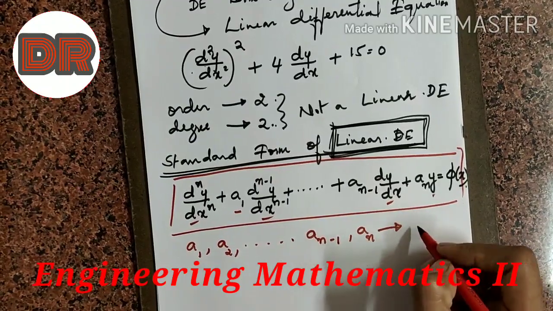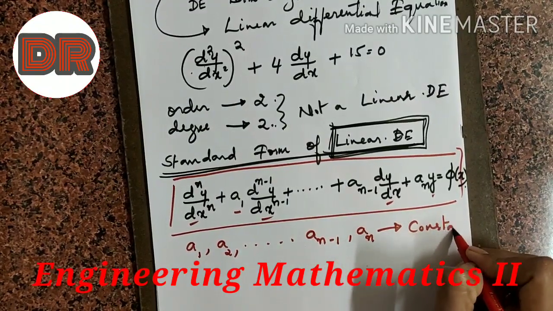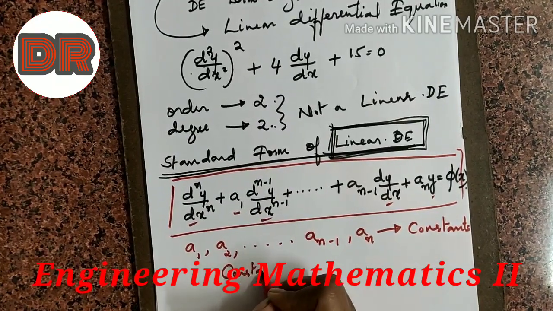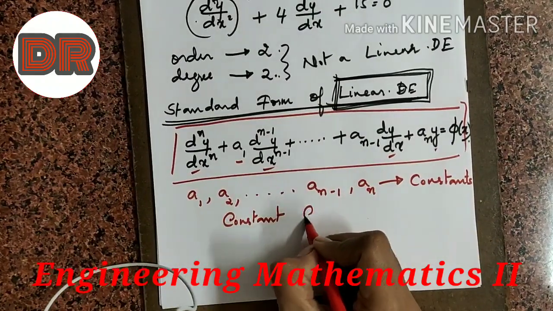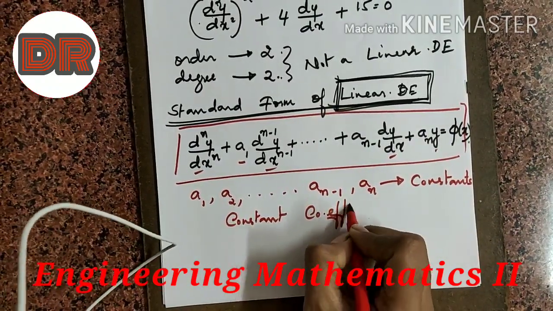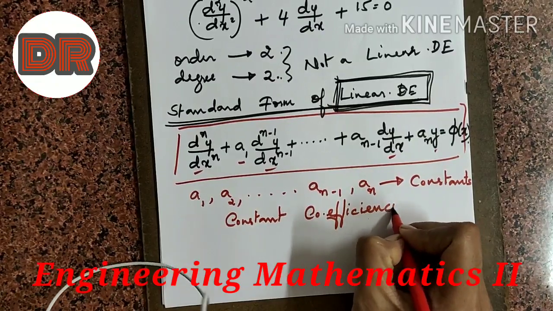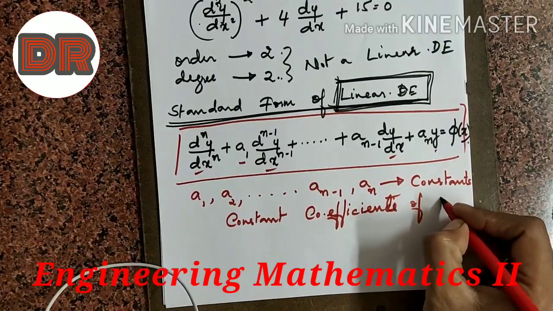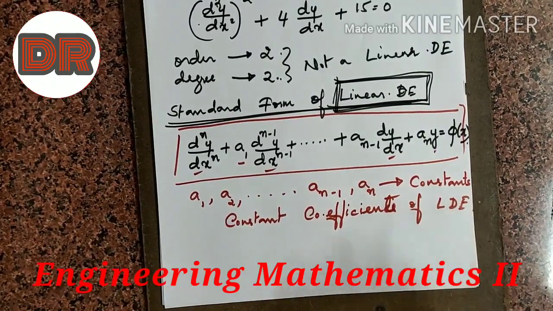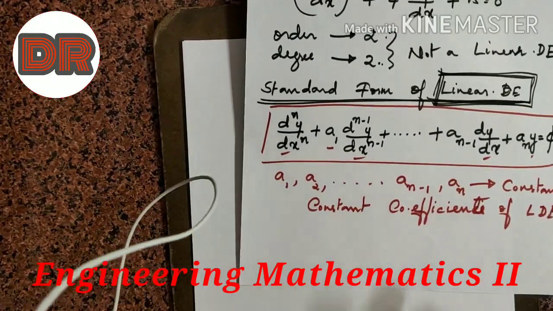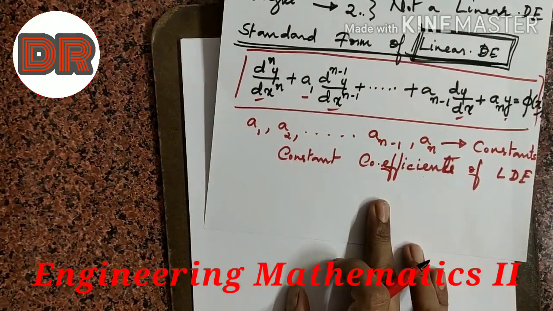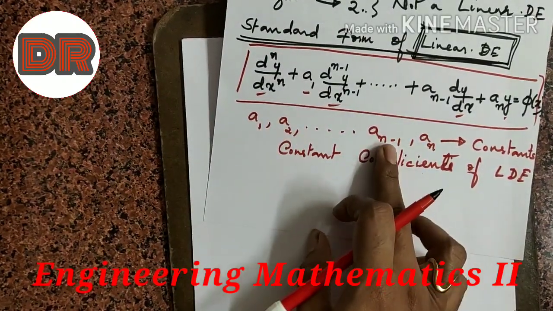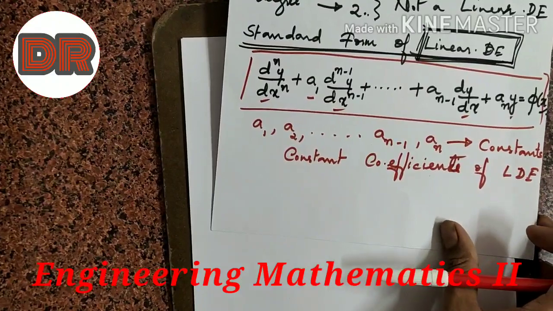All these are constants, or you can also call these the constant coefficients of the linear differential equation. So we have seen the standard form of a linear differential equation, and all these a1, a2, a(n-1) and so on are constant coefficients.